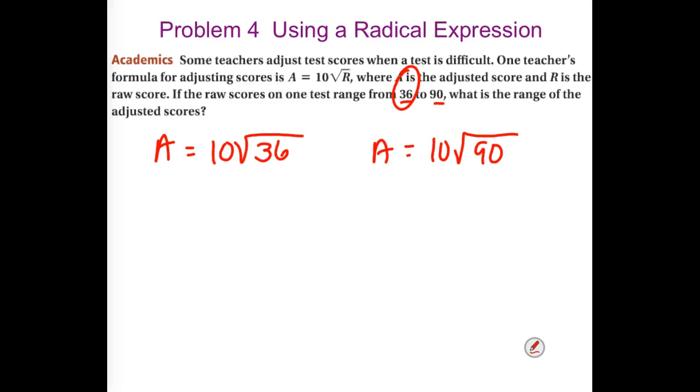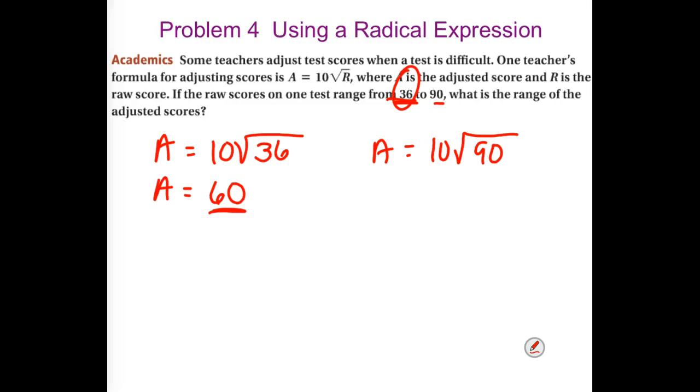The first one we should be able to do without any calculator. Square root of 36 is 6. 6 times 10. So what this means is that somebody that originally had a 36 on their test now gets a 60. Okay? The square root of 90 is not perfect. We should be able to estimate, what would you say it's going to be close to?